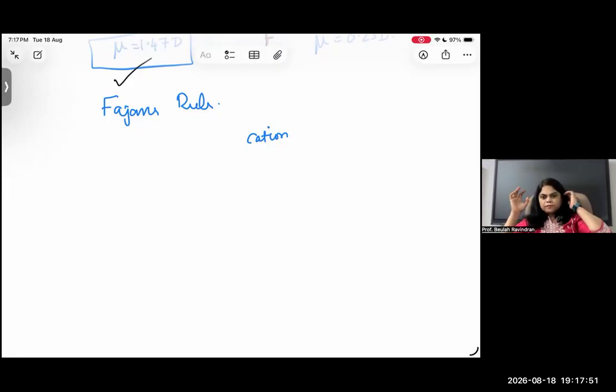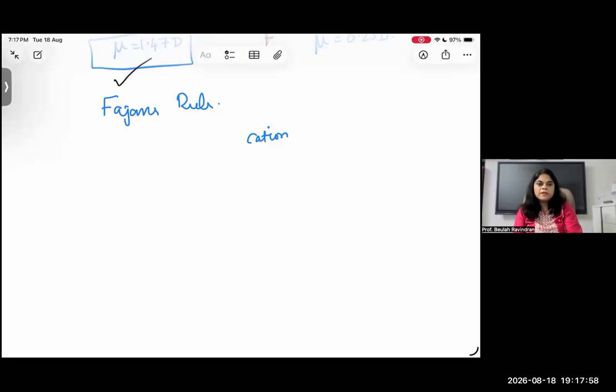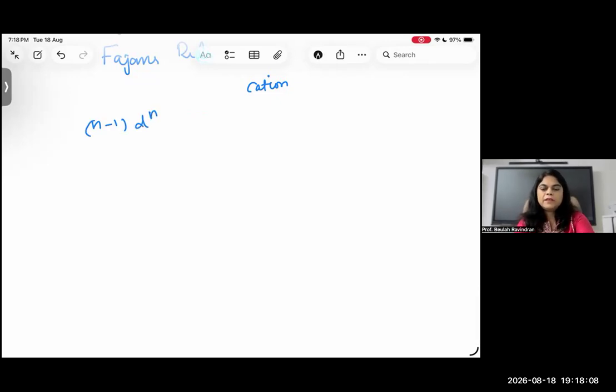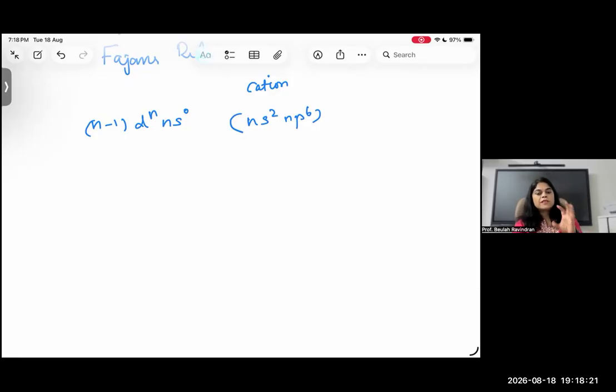So, for cations of the same size and charge, the ion with an electronic configuration like (n-1)d^x ns^0 is more polarizing than the ion with the noble gas configuration ns^2 np^6.